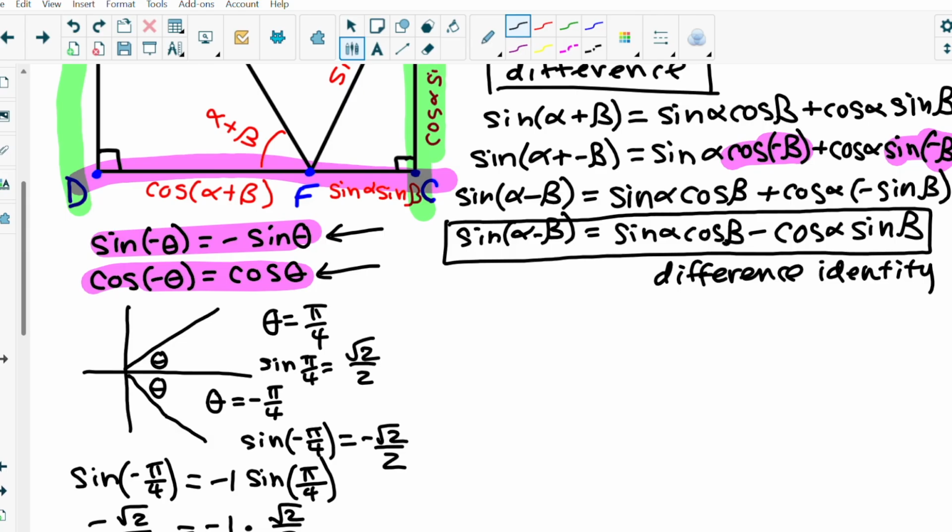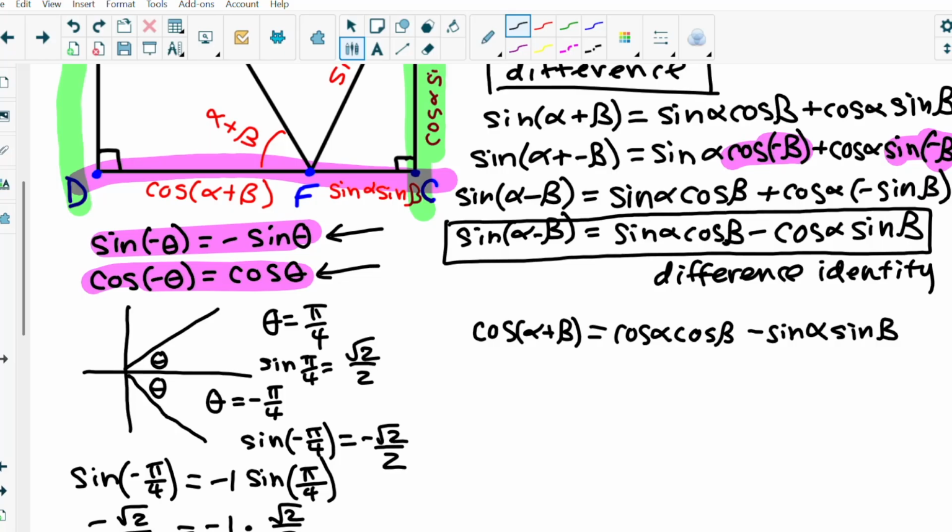Let's do the cosine identity for difference. So I'm going to start with cosine of alpha plus beta equals cosine of alpha cosine of beta minus sine of alpha sine of beta.